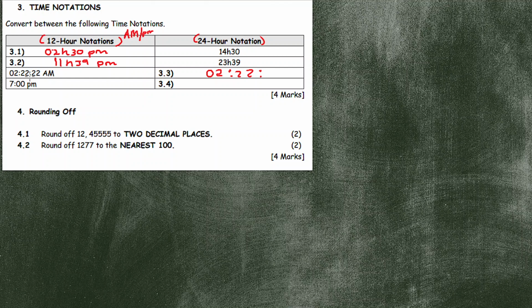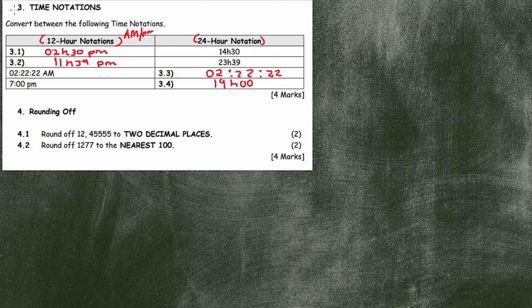Show seconds, minutes, and hours. So the 22 seconds was required here. So 7 p.m. on the 12-hour clock, we're going to have 19:00. No p.m., no a.m., on the 24-hour notation.